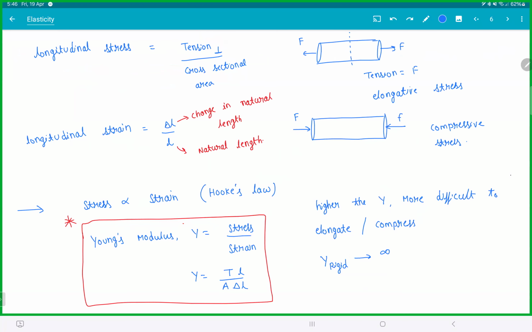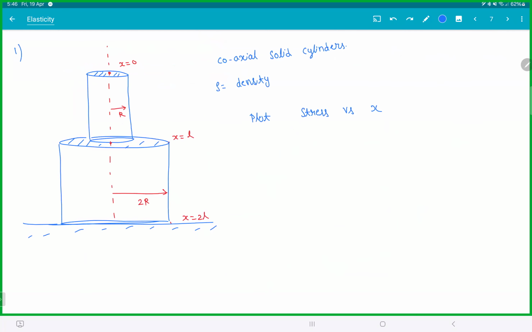Basically, you have to use this formula: Y is equal to tension times length by A delta. If you know tension, you know everything else.